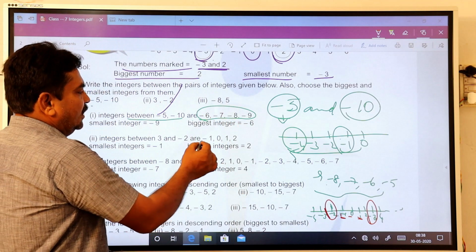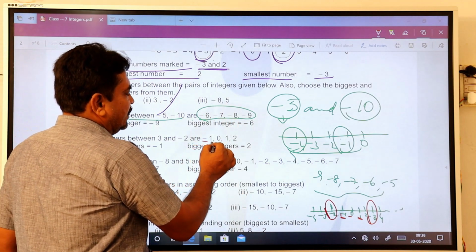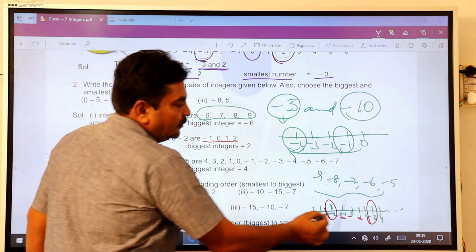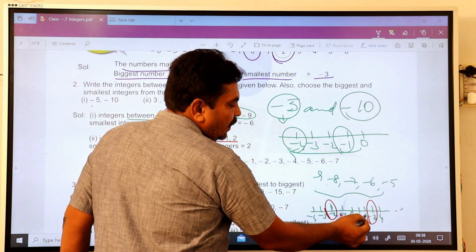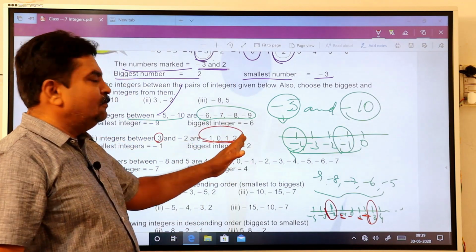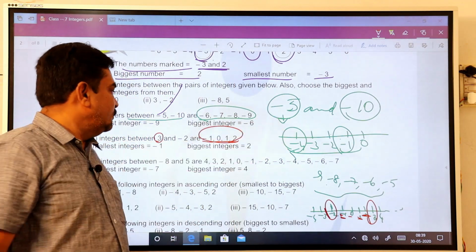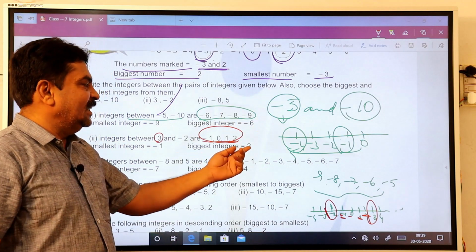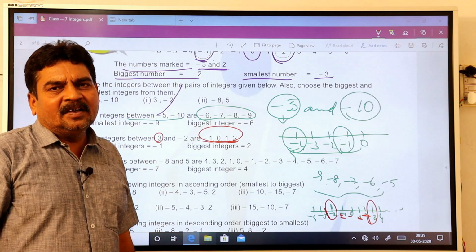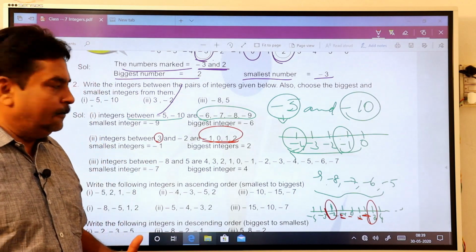So given here, that is C, you have minus 1, 0, 1. Sorry, here given 3, so minus 1, 0, 1 and 2. So these are the values. Out of this, which is bigger? The positive value is bigger. Therefore, the biggest integer is plus 2 and the smallest integer obviously is minus 1.